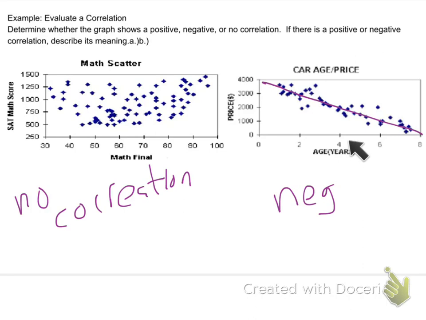So at 4 years I go straight up to my line and I would say, hey, it's about 2,000. Or at 2 years, it would be roughly 3,000, it looks like. And so I was able to use my line to gather data or find values. When it's inside the data, it's called interpolate.